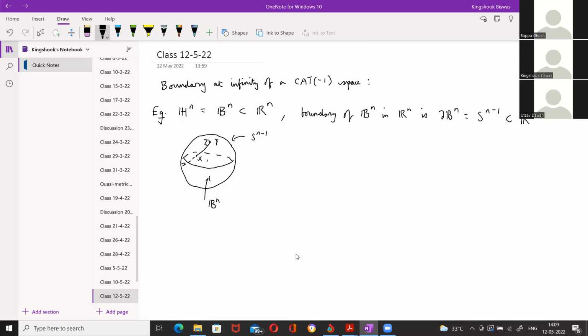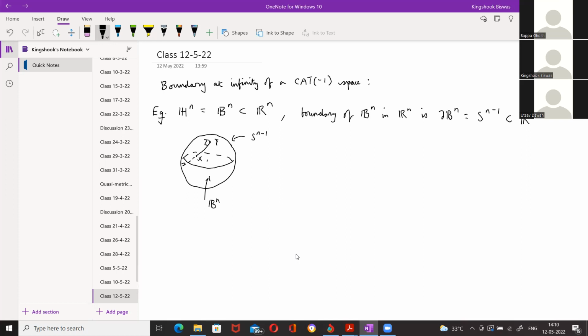So do you understand why the geodesics are arcs of circles perpendicular to the boundary? Does everyone understand why that is so?